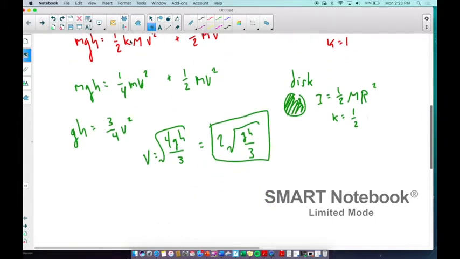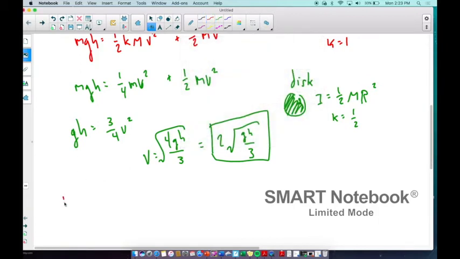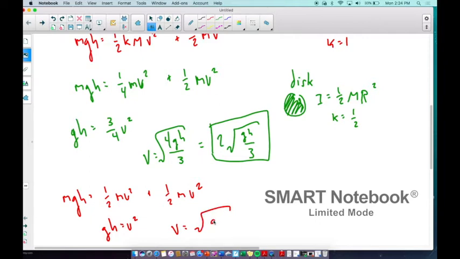So I can plug that in here. mgh is going to equal 1/2 mv squared plus 1/2 mv squared, where K is 1. And my m's all cancel out. 1/2 v squared plus 1/2 v squared is very clearly v squared, so I get gh equals v squared. Rearrange that, v equals the square root of gh.